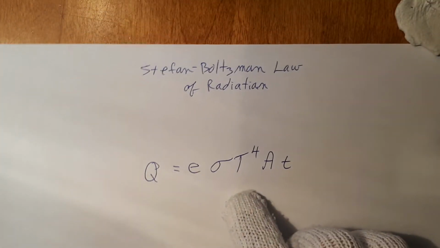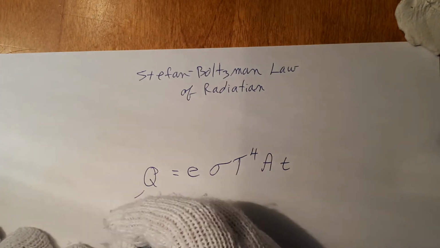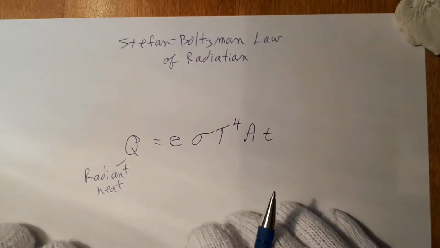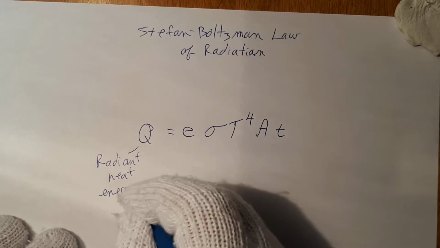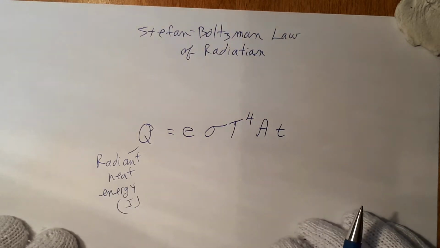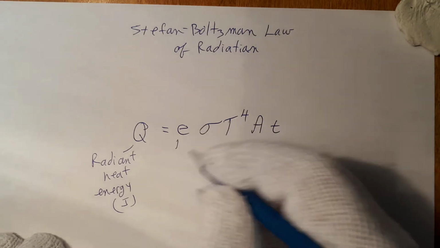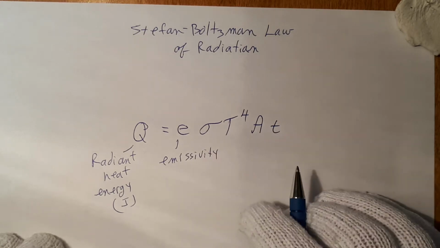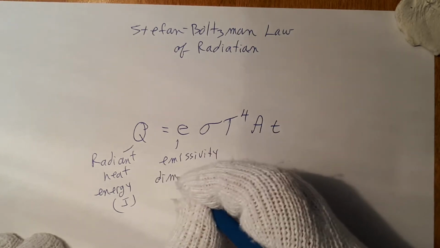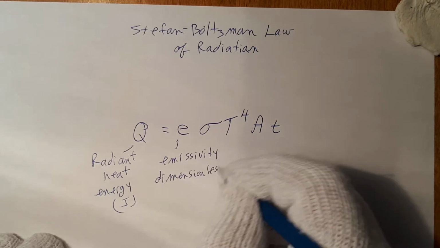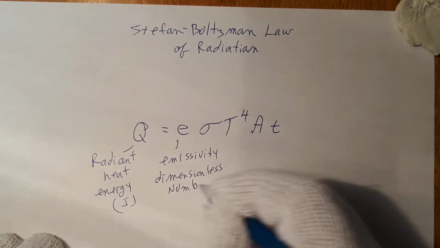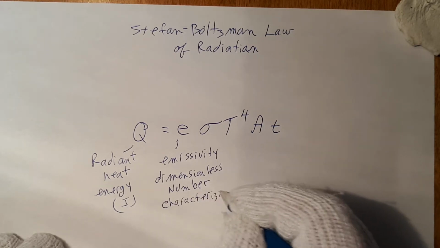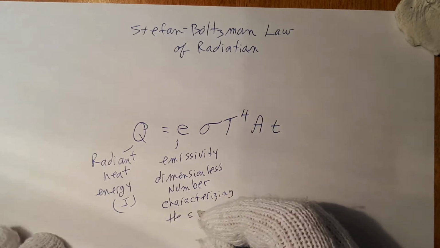Let's look at these variables. Q represents radiant heat. I like to put in radiant heat energy because it has units of joules. E is known as the emissivity. It is a dimensionless number characterizing the surface of the object.